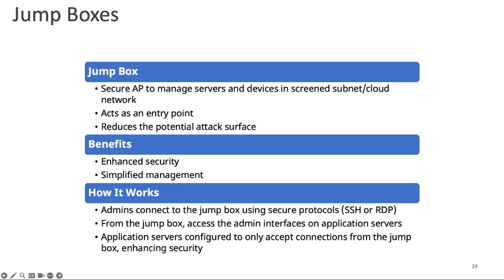What we might use to access certain devices on a network is something called a jump box. Jump boxes serve as a secure entry point to manage servers and devices in secure zones, which enhances security by limiting access and simplifying the management of the network.